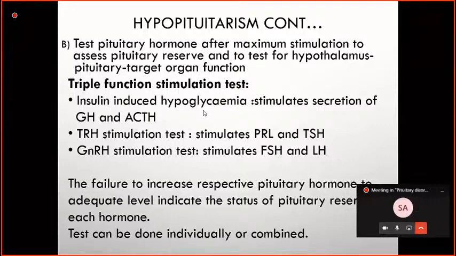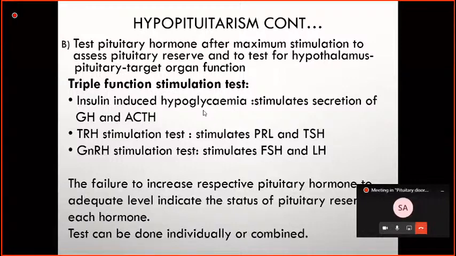Hypoglycemia can stimulate your growth hormone, because we say glucose can suppress growth hormone, right? So hypoglycemia can stimulate your growth hormone.